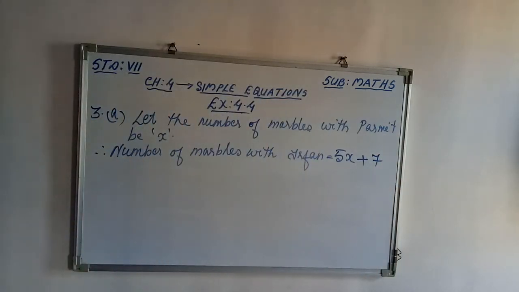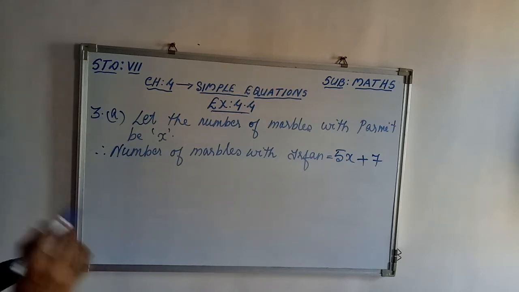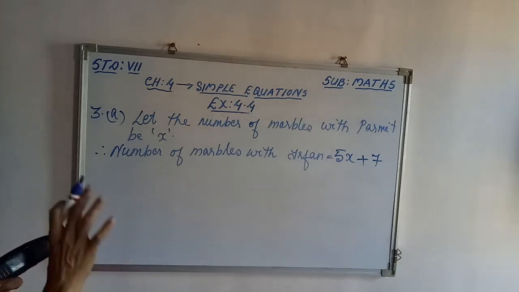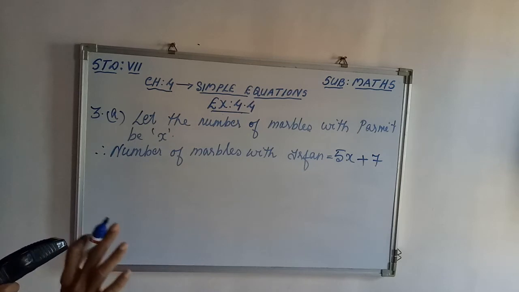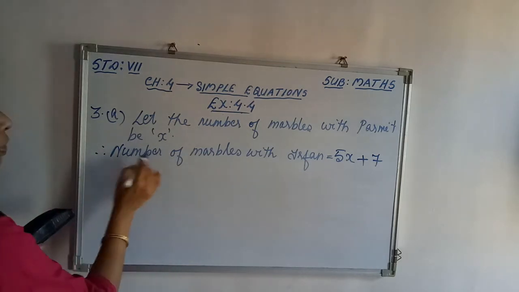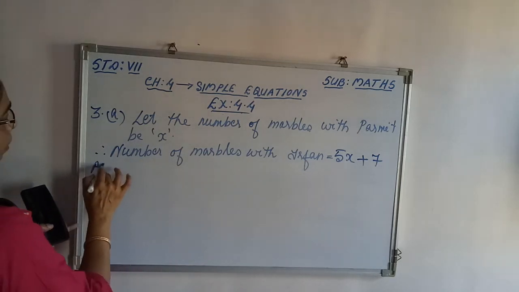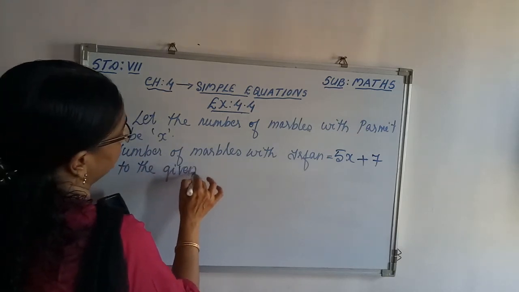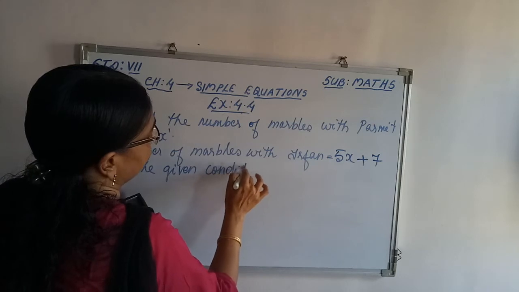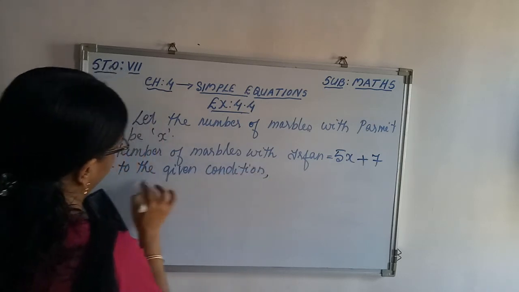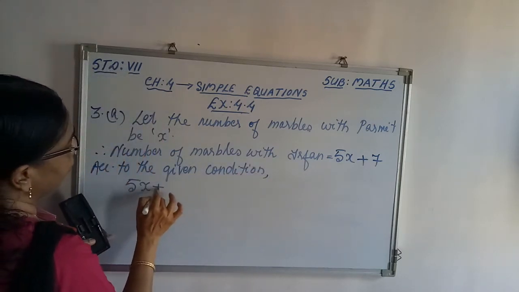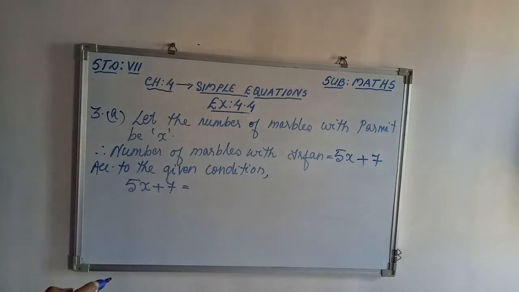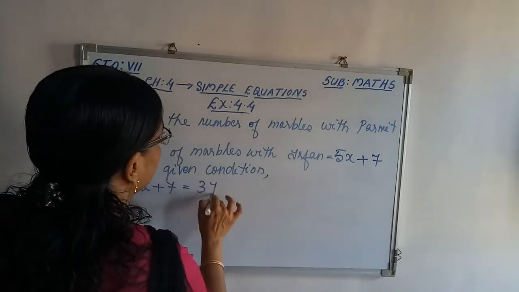But Irfan has 37 marbles. So it is given that the number of marbles with Irfan is equal to 37. According to the given condition, 5x plus 7 is equal to 37. Clear?